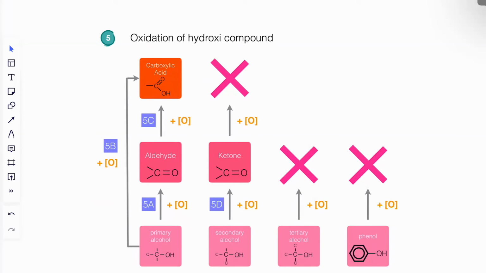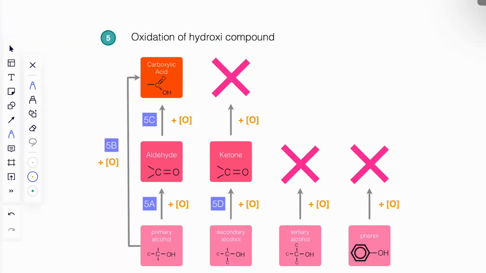Oh, the numbering is different. The labeling is different. Okay, now primary alcohol, you oxidize, you get aldehyde. Aldehyde can turn to carboxylic acid. So that's the reaction.